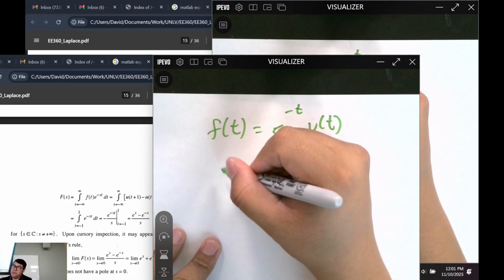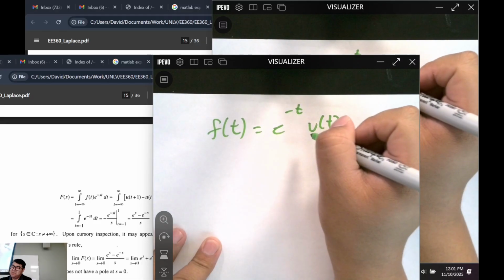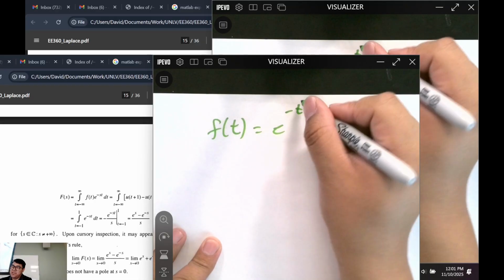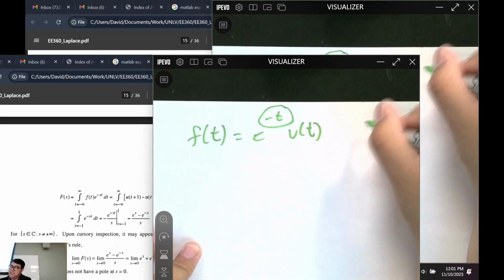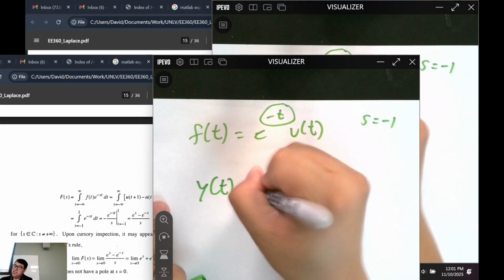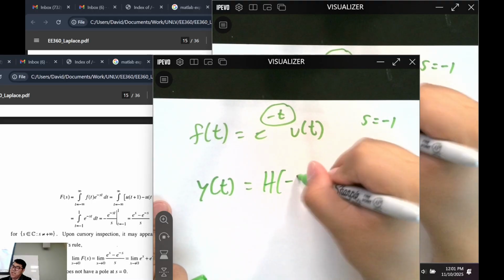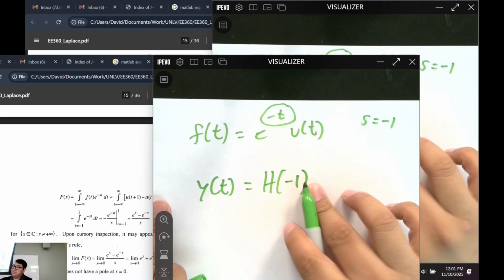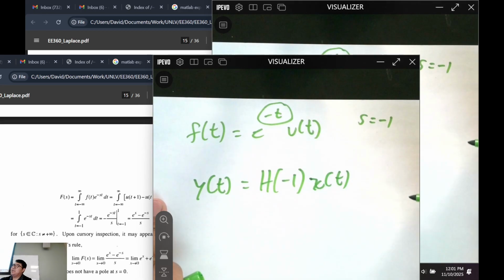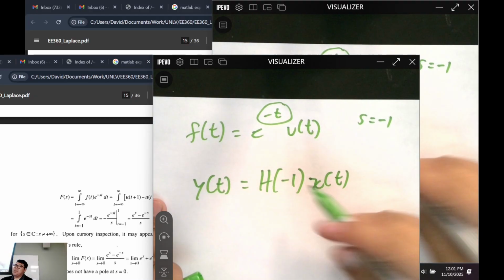One of the things he was talking about is you can generalize this based on the frequency of this. So like if s is equal to -1, you can get this by doing h of -1 of your x input, right? Is that good? So you're just going to get your eigenvalue.